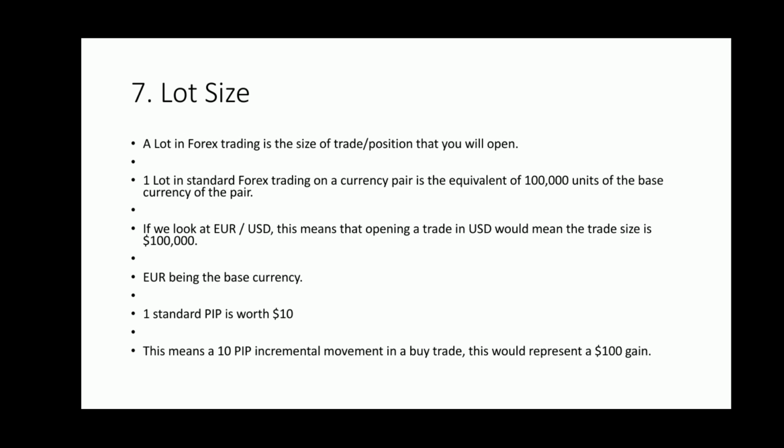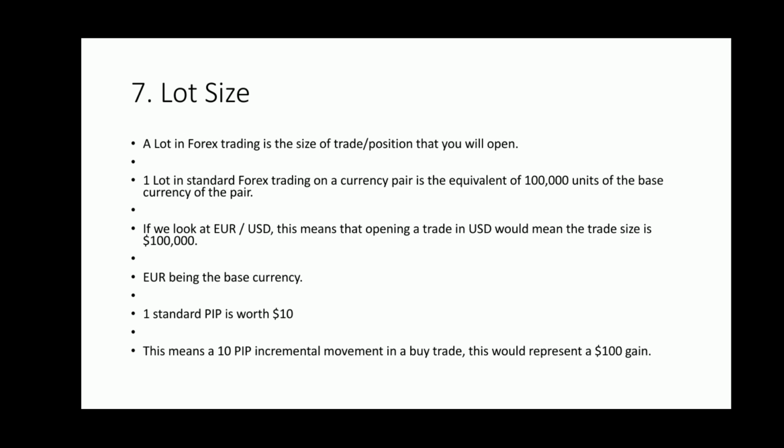Okay, so 1 lot is what you would trade with if you have a very big account, because for every 1 pip that the market moves, you will gain $10 or you will lose $10.